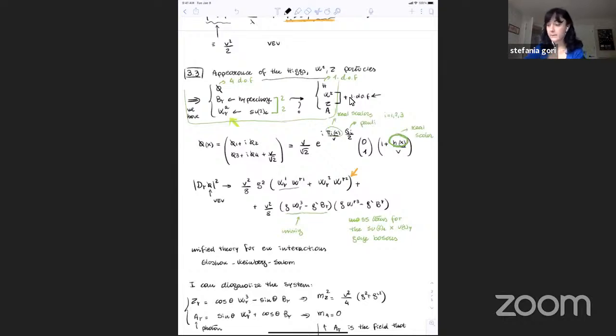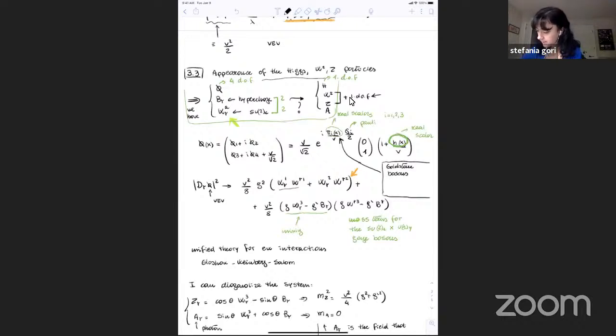So what are the degrees of freedom that the Higgs field is losing? These are the pi fields that we write down here. And in fact, if we want to go a little bit more into the details of the Higgs mechanism, these are called Goldstone bosons.